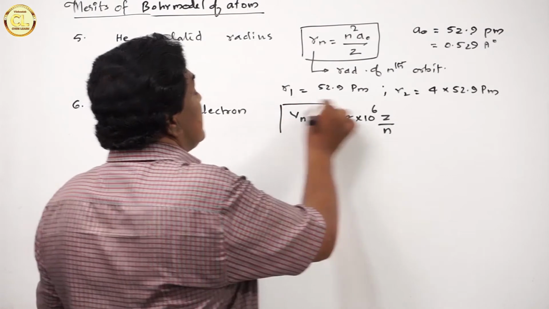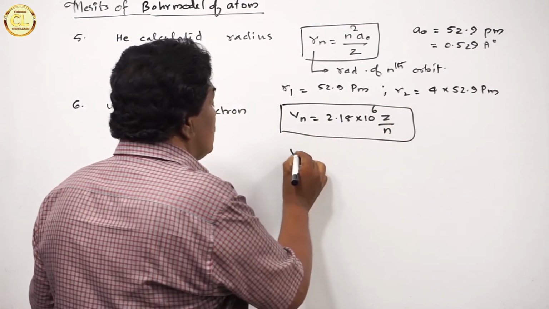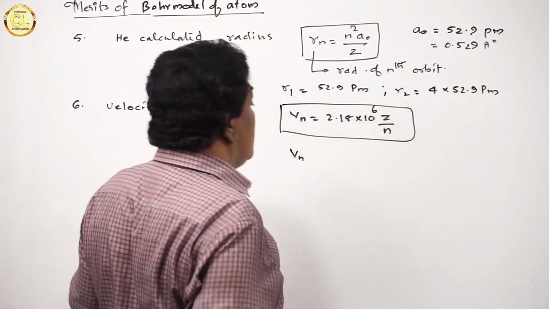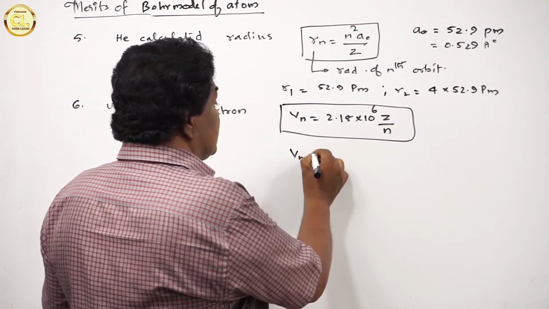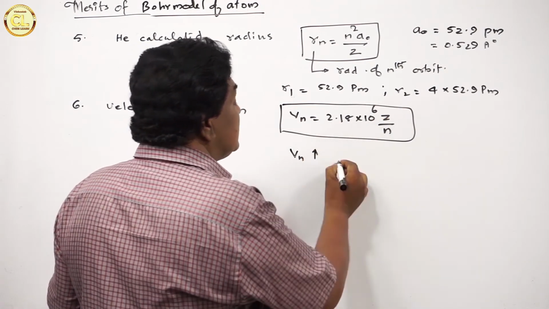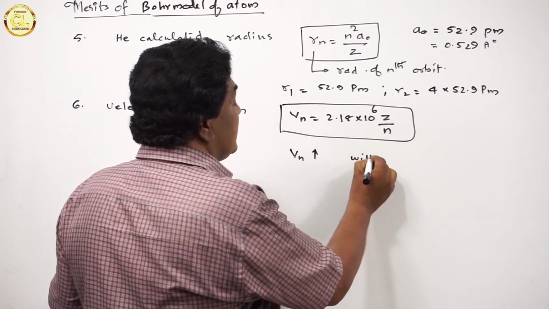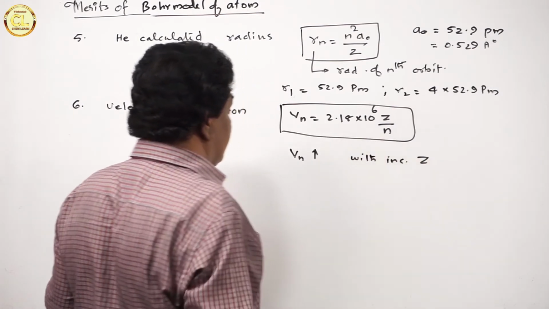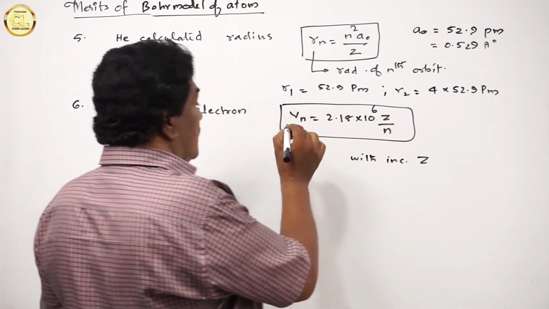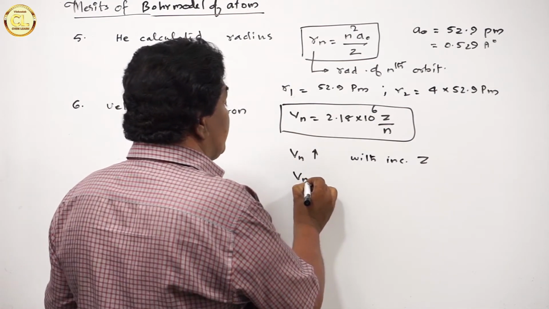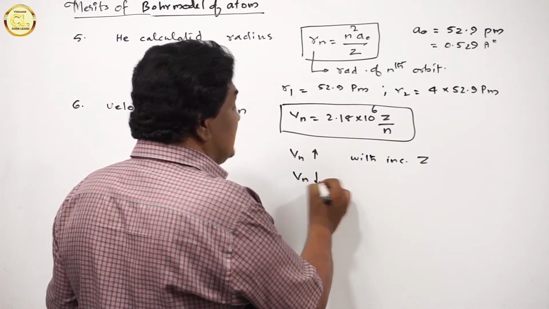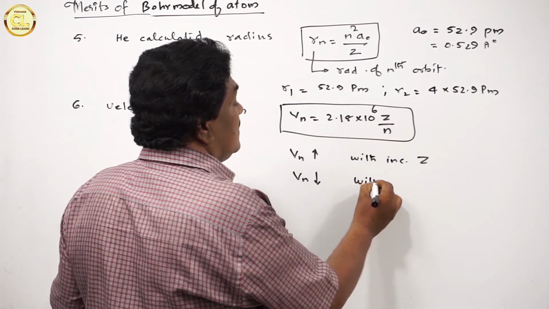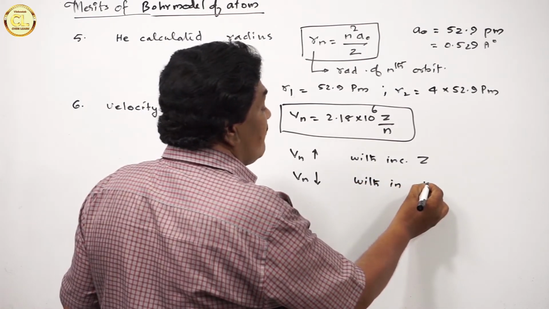From this expression, it is clear that the velocity of the electron increases with an increase in Z value. But the velocity of the electron decreases with an increase in n value.